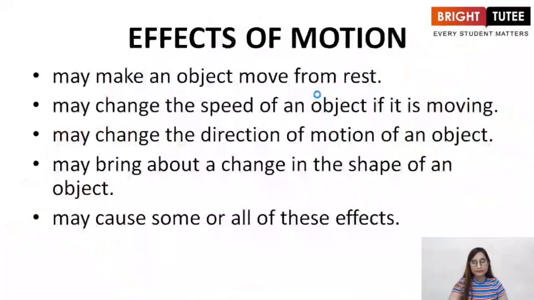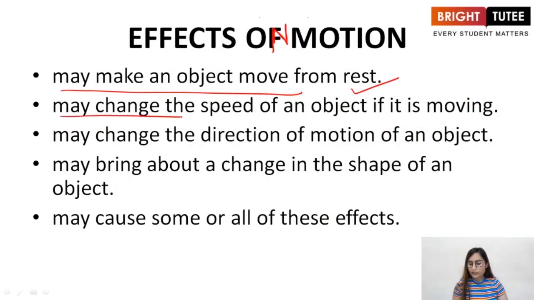Now let us see the effects of force. It may make an object move from rest, right? It may change the speed of an object if it is moving, right? Basically, we are studying about the effects of force. It may make an object move from rest. We have studied that. It may change the speed of an object if it is moving.